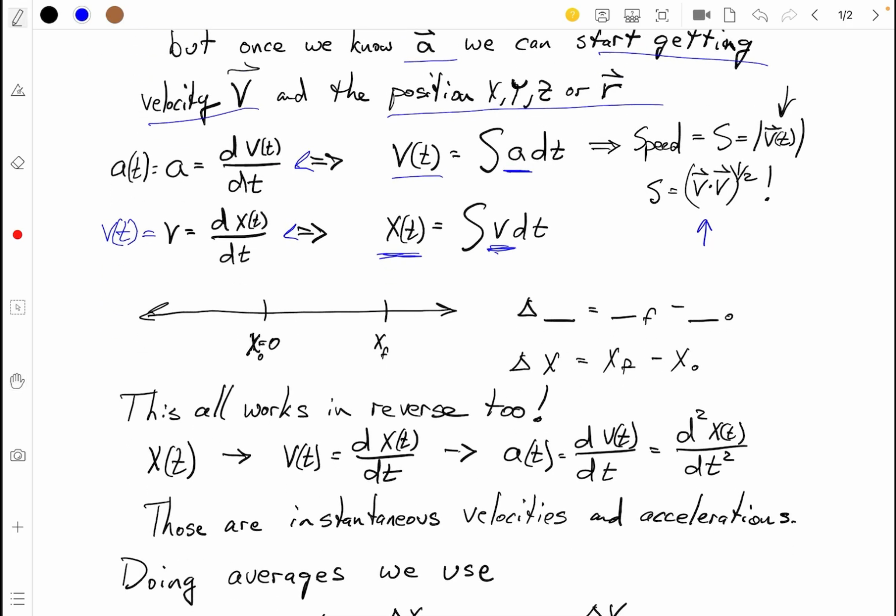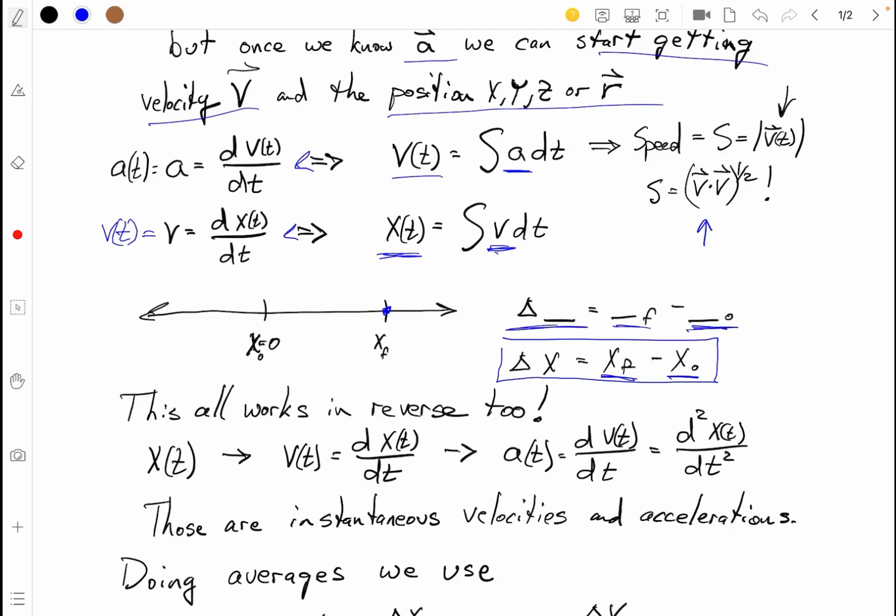So that leads us to positions. If we're here, we've got some x final minus x initial. Well, delta anything is the final thing minus the initial thing.